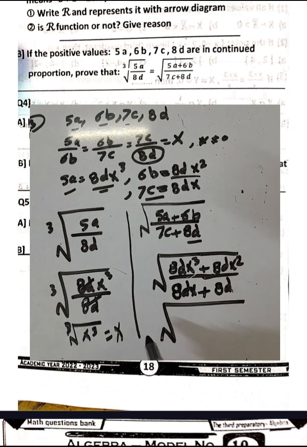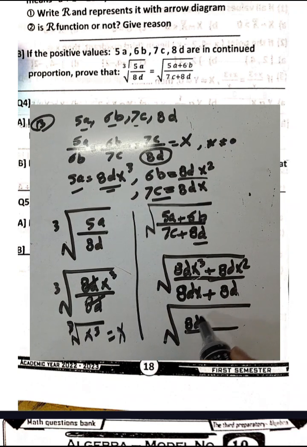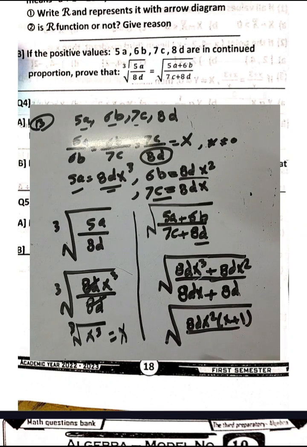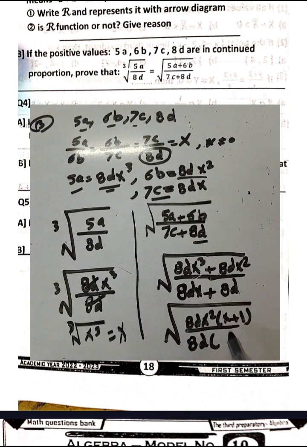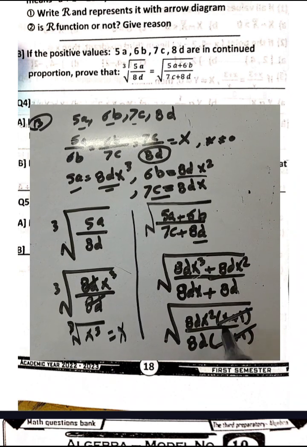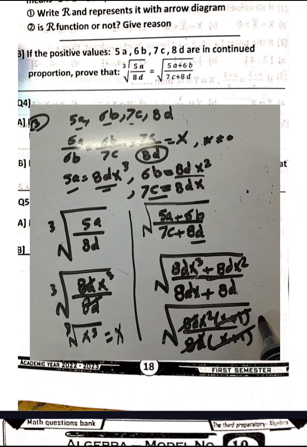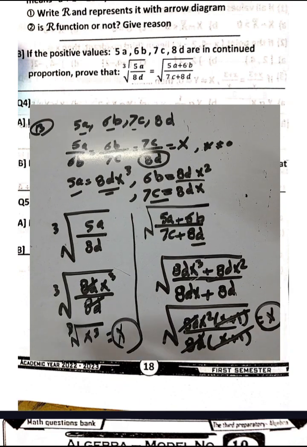You can take the common factor between the two terms, 8d and x power 2, then the remainder will be x plus 1, and here write 8d. The result will be x plus 1, cancel brackets by brackets, and 8d by 8d, the square root of x power 2 will be x. Then the left hand side will be equal to the right hand side.